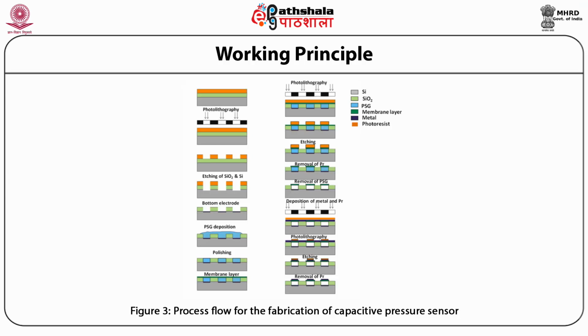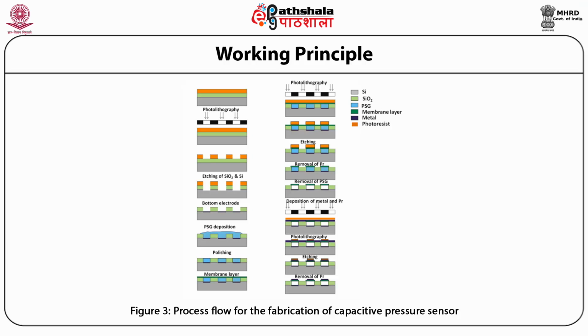Now moving towards the right hand side of the diagram, you can see the second part, or the above part, of the capacitive pressure sensors. So in this case also the same procedure has been followed. Again the photolithography technique has been carried out, but in this case the membrane layer is deposited.